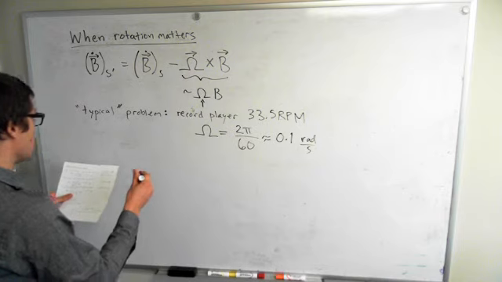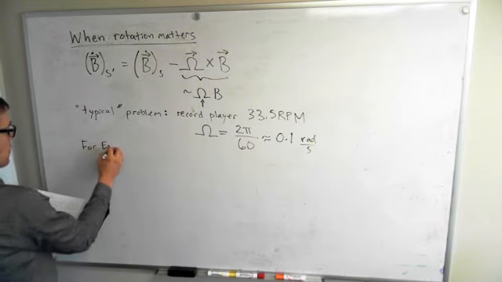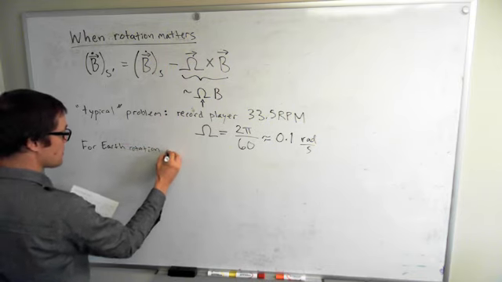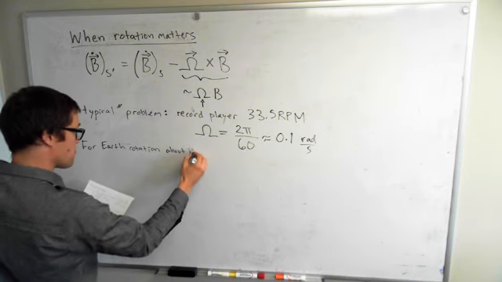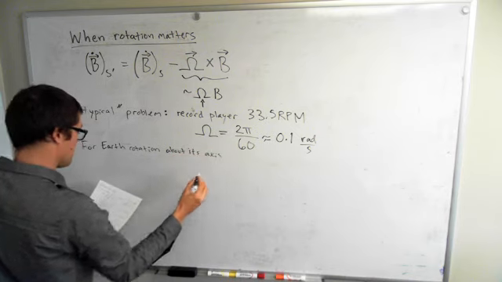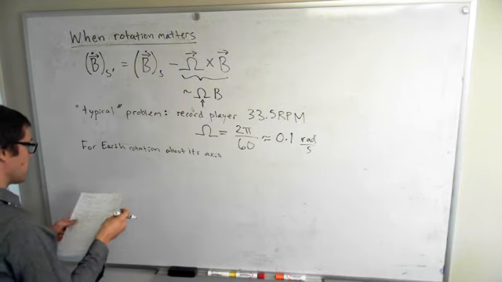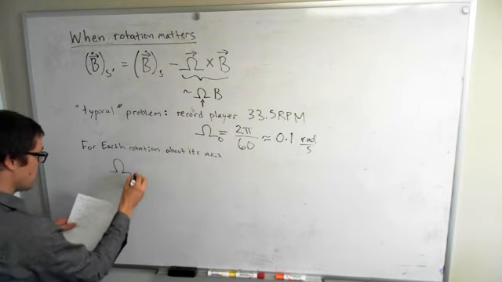For Earth rotating about its own axis, the period for that motion is 1 day. Let's call this omega naught, and we'll call this omega 1.